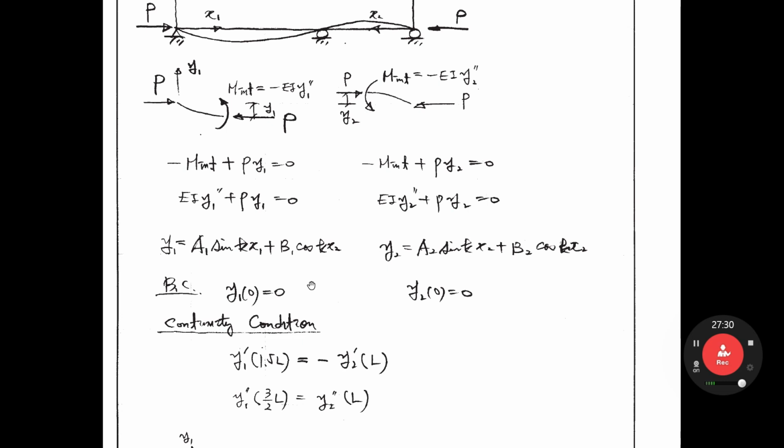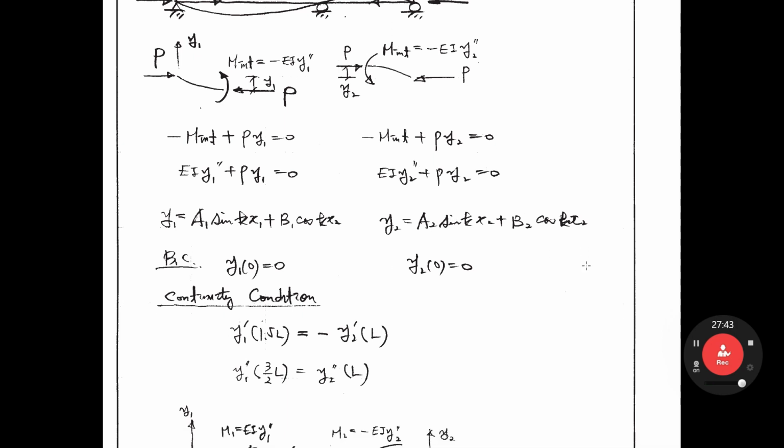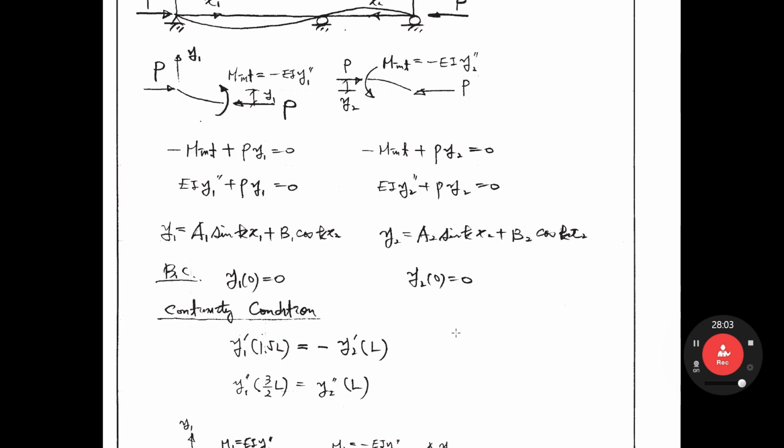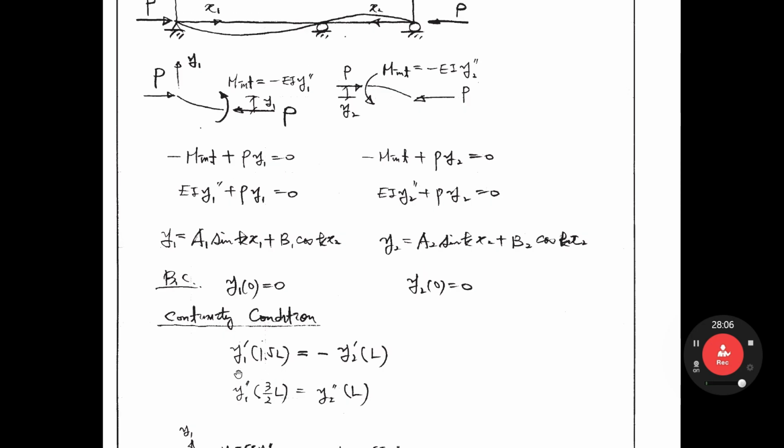You can have some general solution for segment 1. Okay, y1 equals like this, y2 equals like this. Okay, so in order to solve this problem, you need the 4 equations. Boundary condition: y1 is 0 here, displacement equals 0 here. Then we will use the continuity condition here.